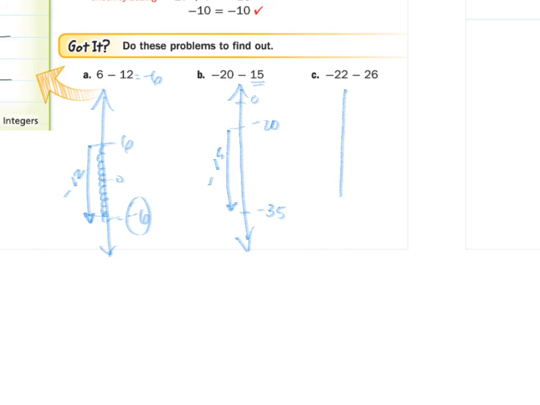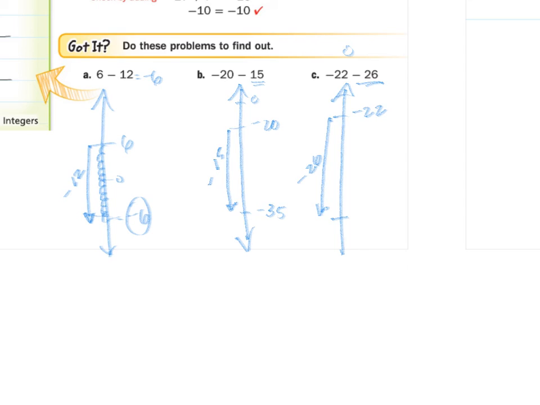If we have negative 22, and we're going to subtract positive 26. When we subtract a positive, when we're taking away heat, it's getting colder. So we're going to go down 26, which again, 0 is way up here somewhere.